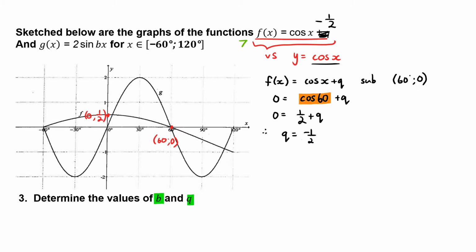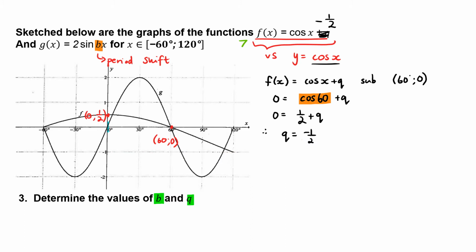When dealing with the value of b, we mentioned earlier that that referred to a period shift. Now the period is basically the number of degrees along the x-axis that it takes to make one wavelength.